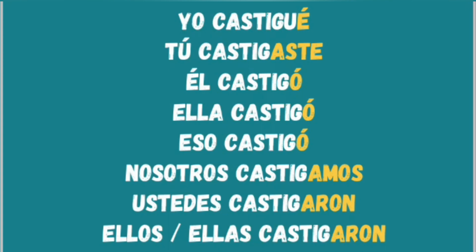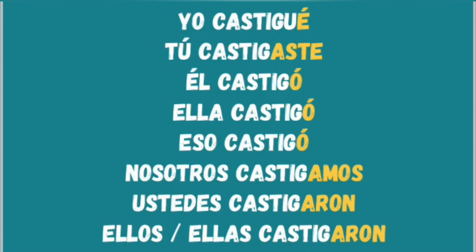Yo castigué. Okay, and see, this root word, it's ending with G and U. Okay? And then let's check the next personal pronoun. We have tú, which means you. Tú castigaste. You punished. Okay?